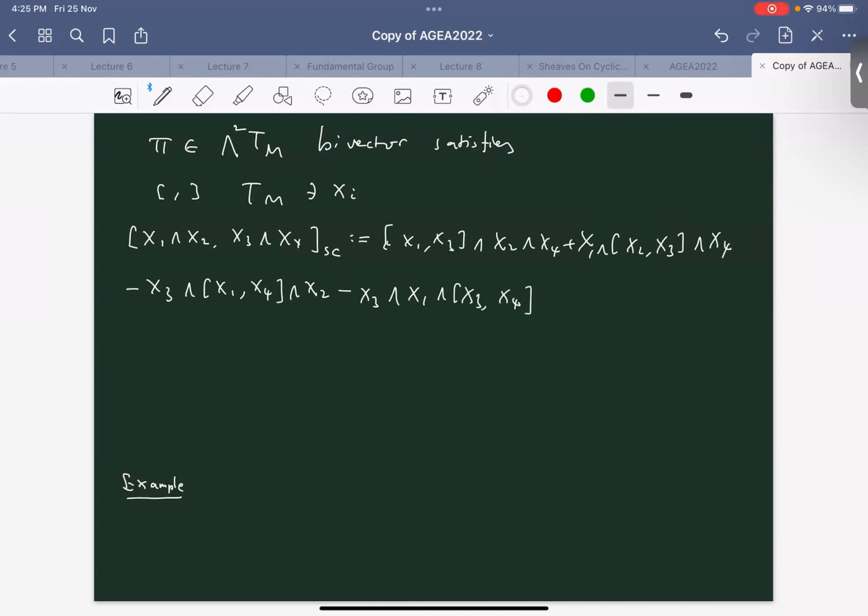The brackets on the right-hand side are really the Lie bracket on vector fields. So I define a new bracket on wedge 2 of TM. The output will be a wedge 3 of TM. This is called the Schouten bracket.